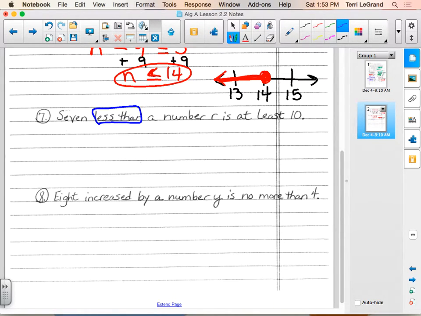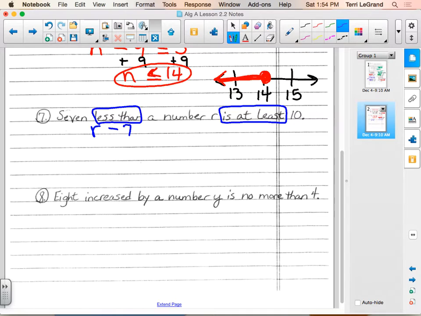But remember back when we did these, that means 7 has to be taken away from something else. So 7 gets subtracted from the number r. 7 less than a number, 7 taken away from r, is at least.